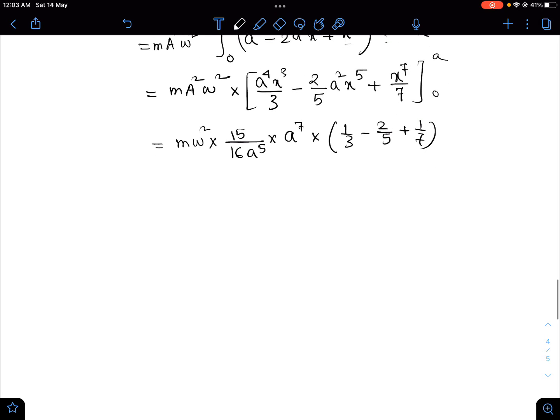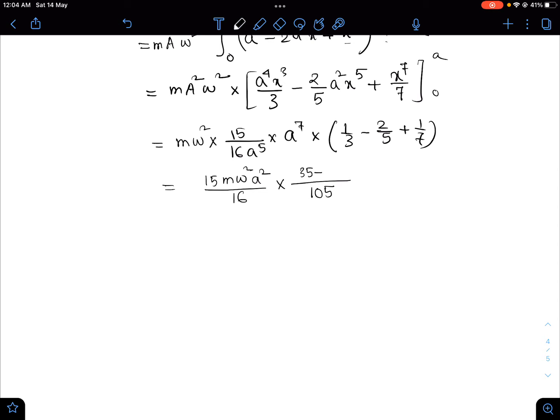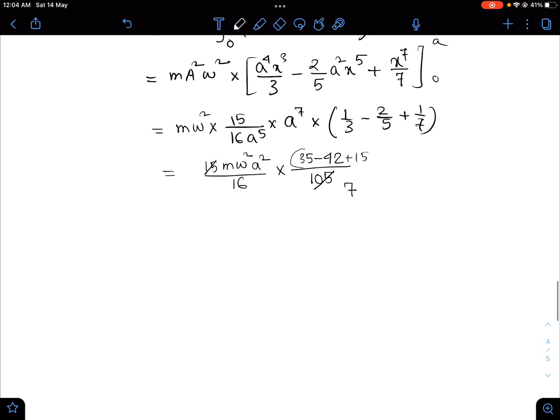So what will be the value? We will get 15 m ω² a² by 16, and here we have 105, and it will be 35 minus 42 plus 15. So this will give us 8, and this will give us 7... So 8 will cancel out, and here will be 2.